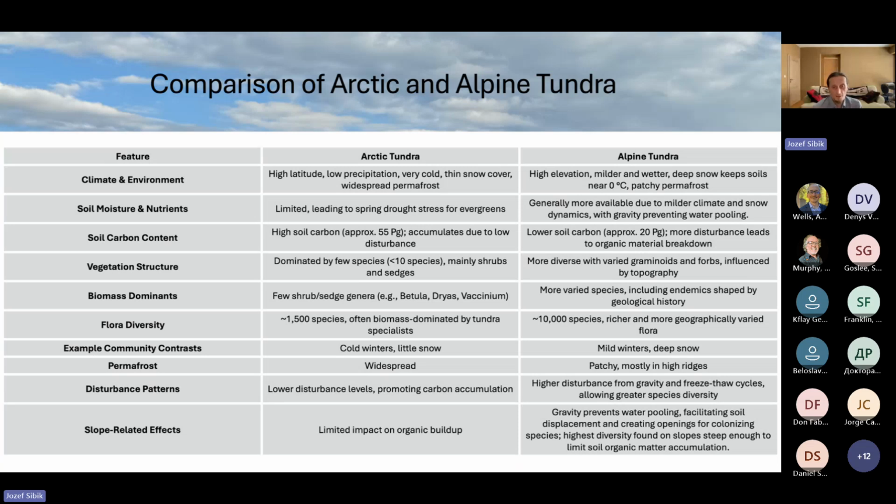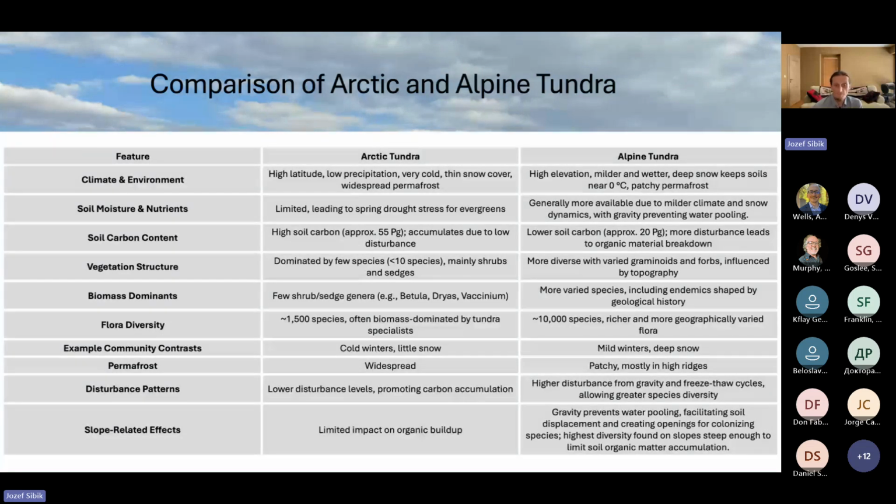Also, when we look at soil carbon accumulation, we see that there is less disturbance in the Arctic and higher soil carbon accumulation than in the Alpine.